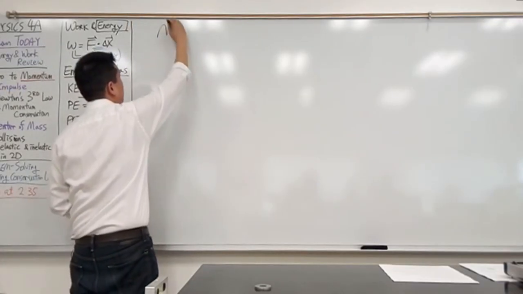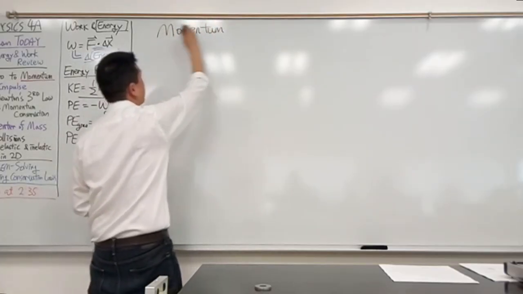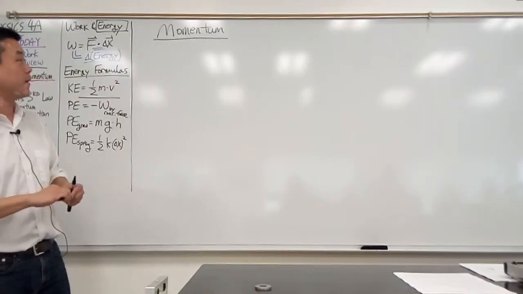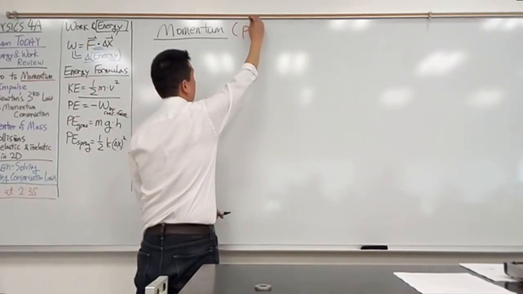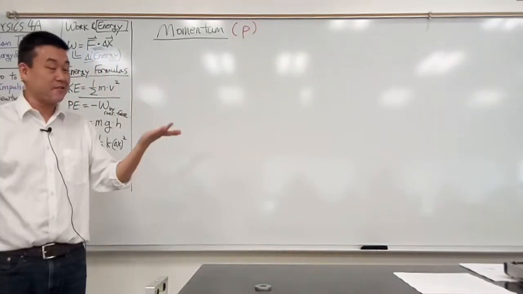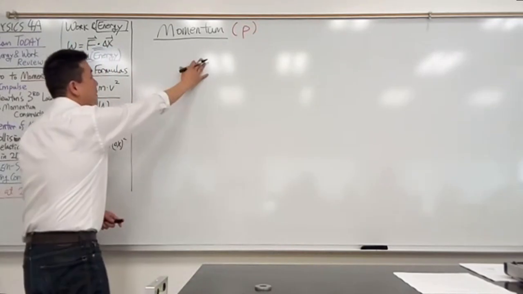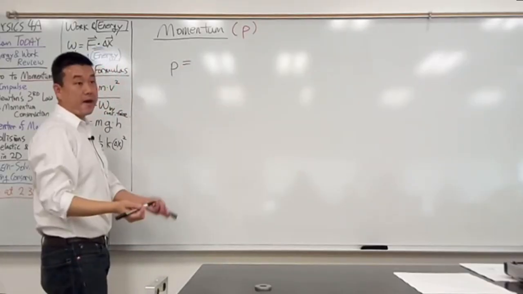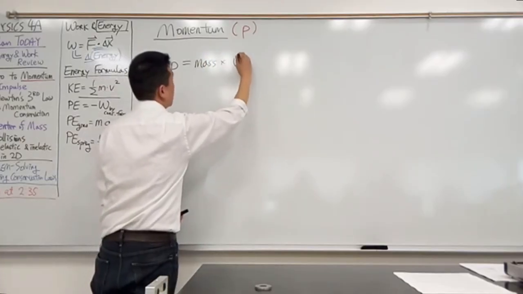So momentum is a new quantity that we are defining. Let me start with the symbol we use for momentum. For some inexplicable reason, the symbol we use for momentum is p. That's just the symbol that everyone uses. Lowercase p, not uppercase. So momentum, lowercase p, is defined as mass times velocity.